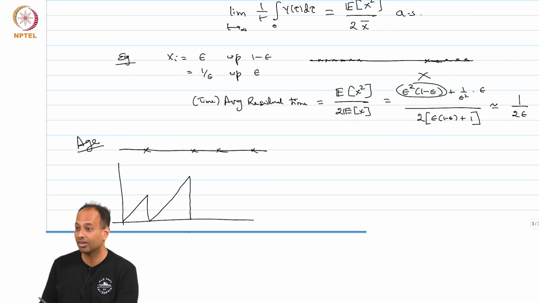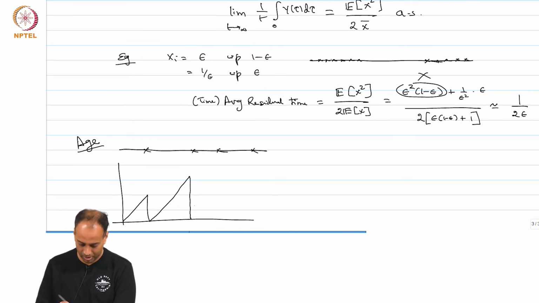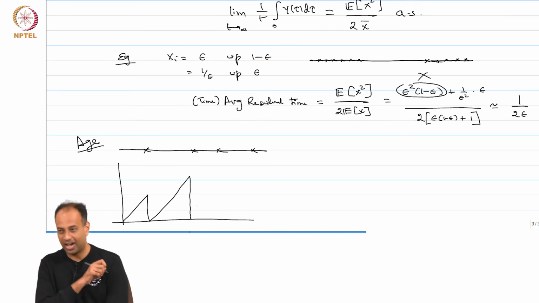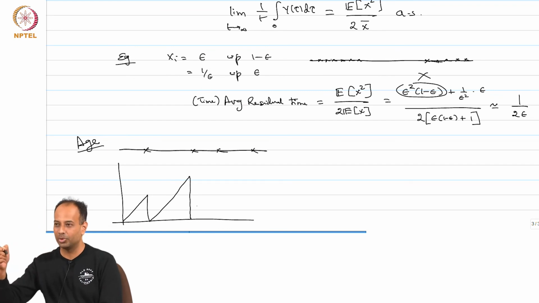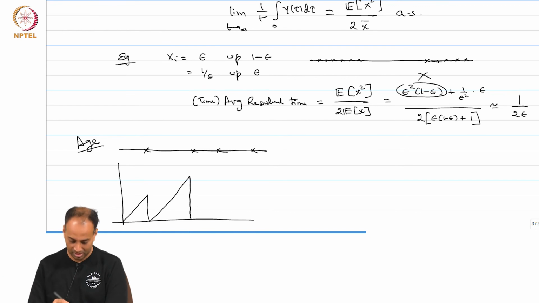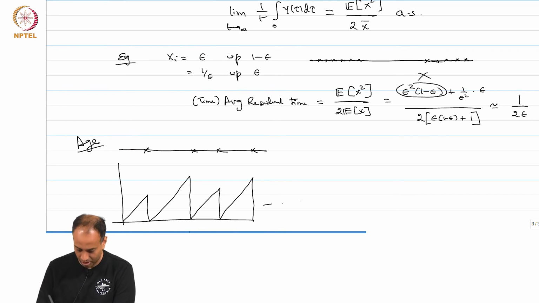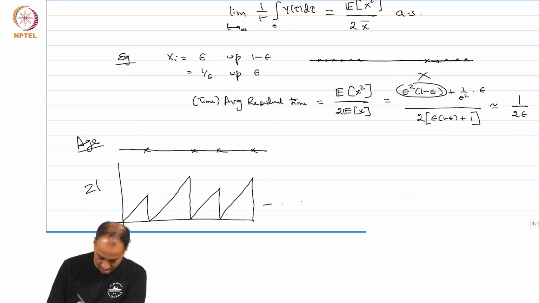The isosceles triangles will be flipped, because the farther away you go from a renewal, it grows larger and then it falls to 0 when you see an arrival. So, this is z tau versus tau for that particular omega.